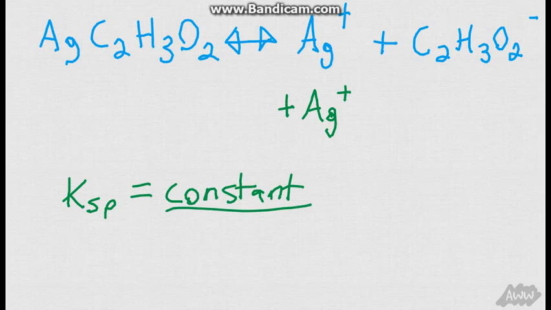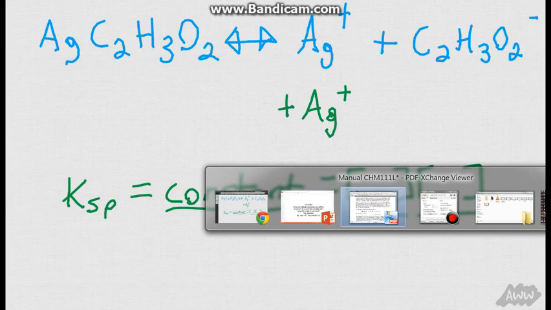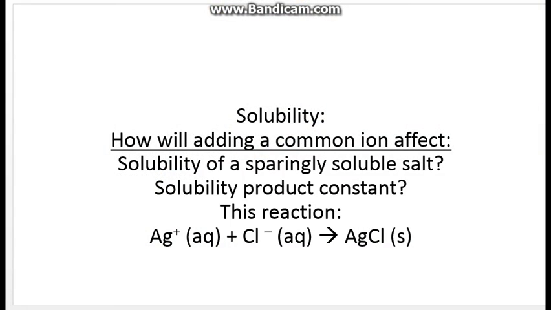This constant is typically equal to the concentration of one ion times the concentration of the other. However, you will not be able to change the constant. It will just determine how much of each one of these ions you will have.